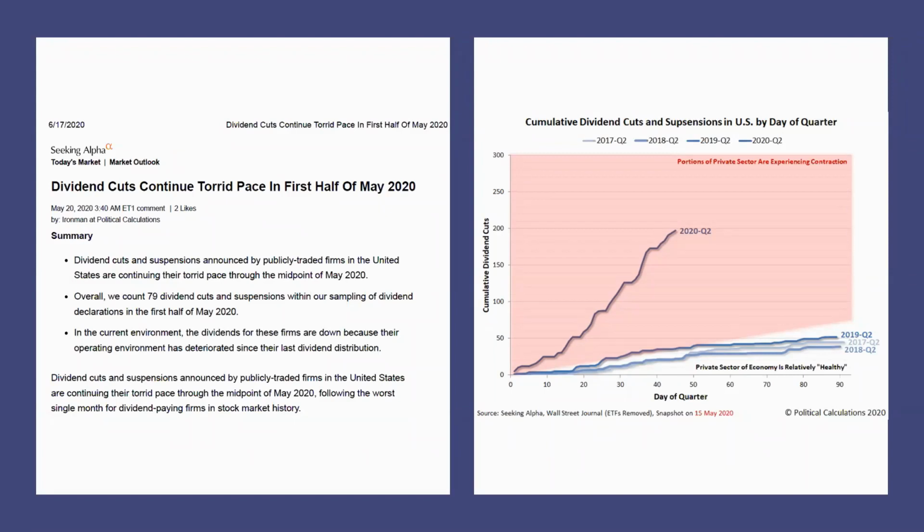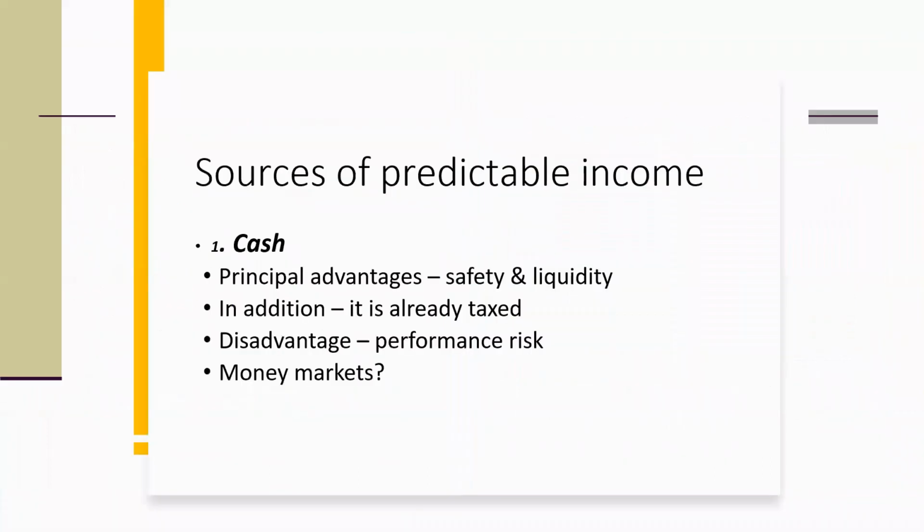But keep in mind that companies pay dividends out of corporate profits. It's just that they're paying out of their profits differently than, say, a company that's paying everything out in capital gains. So if they're not earning a profit, then they're probably not going to continue paying a dividend. There's that.